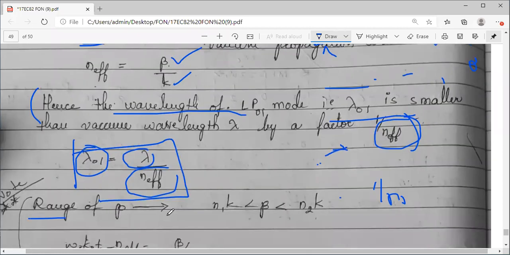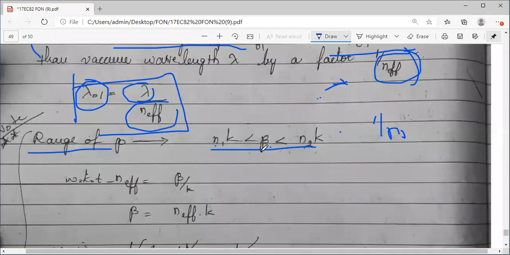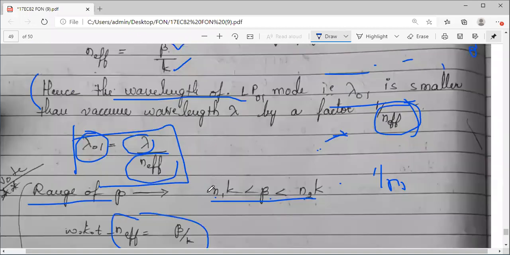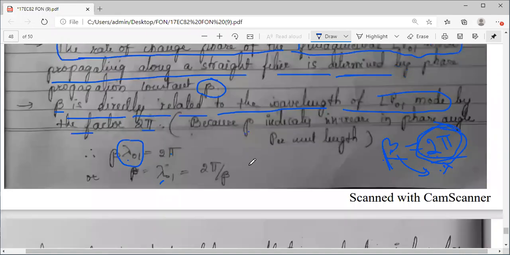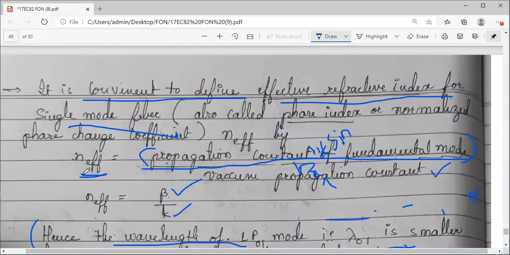Now we know this. Even in case of single mode fibers, we had taken this range: beta should be within n1 and n2 k. Now we have just written n effective is equal to beta by k. According to the definition, it is the ratio of propagation constant to the vacuum propagation constant, beta by k.